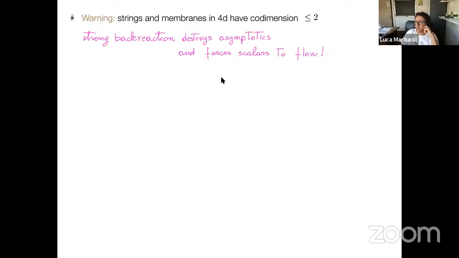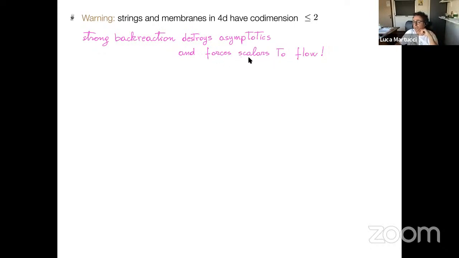Now, another important point is the fact that strings and also membranes in 4 dimensions have a strong back reaction, which cannot be neglected. In particular, this back reaction generically destroys the asymptotics of a given underlying configuration and forces the underlying scalar fields to flow.